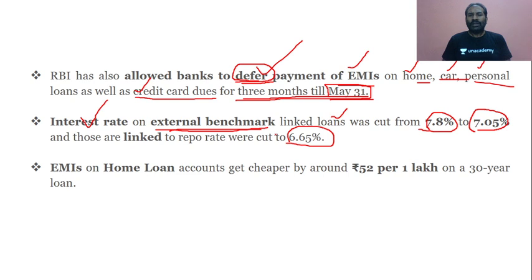So they have cut the external benchmark-linked rate from 7.8 percent to 7.05 percent, and the EMIs on home loans would get cheaper now.